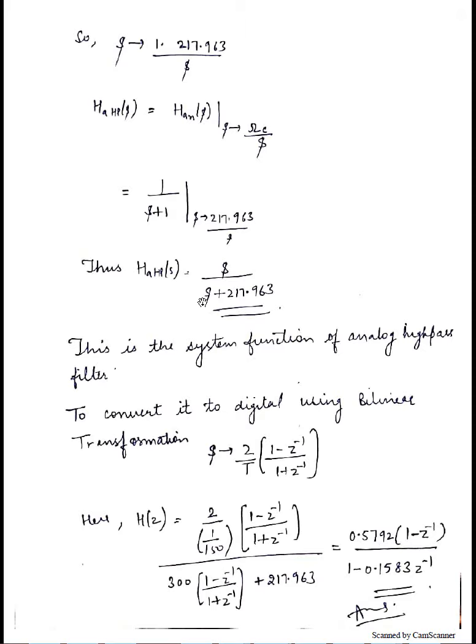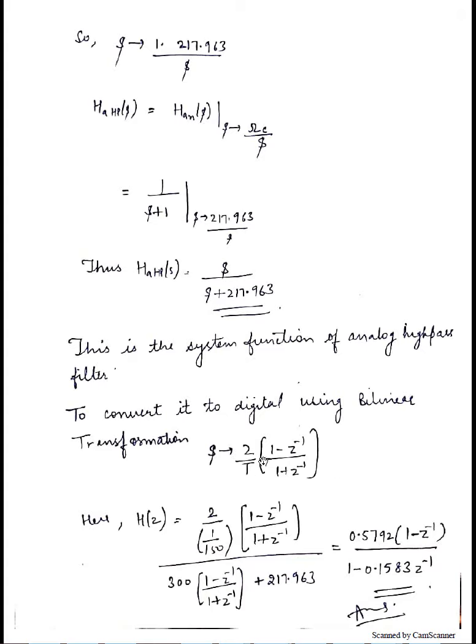And what is the equation for bilinear transformation? If I want to replace S in terms of Z, S is replaced by 2 by T, whole in brackets, 1 minus Z inverse by 1 plus Z inverse. So this is the standard equation for bilinear transformation.